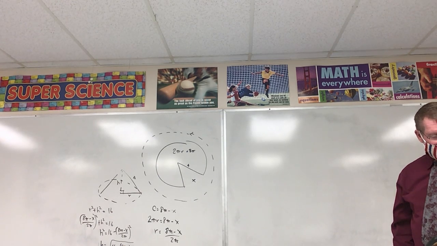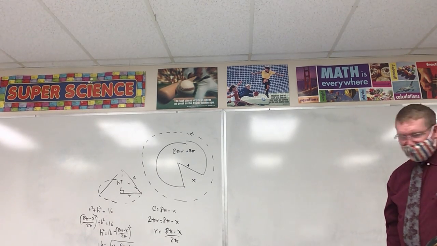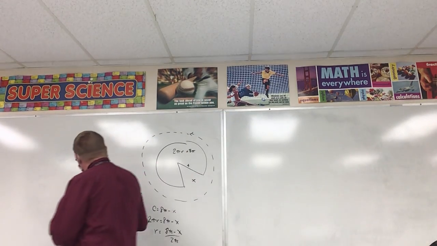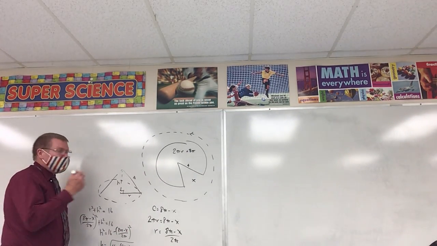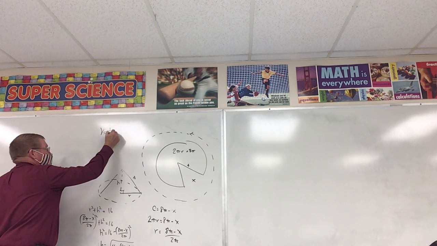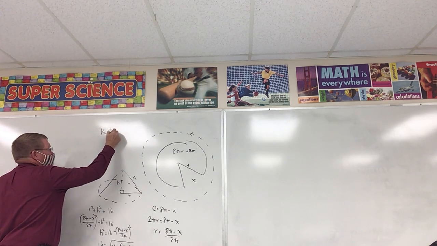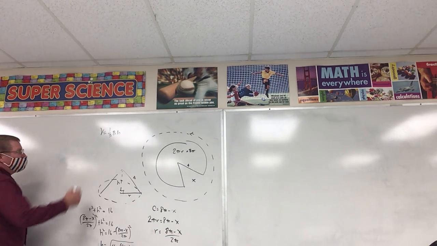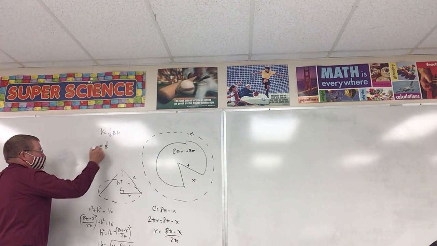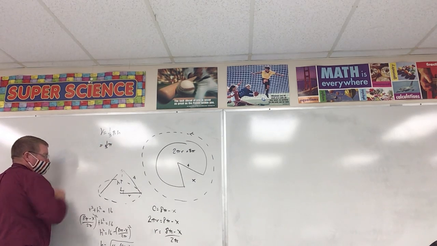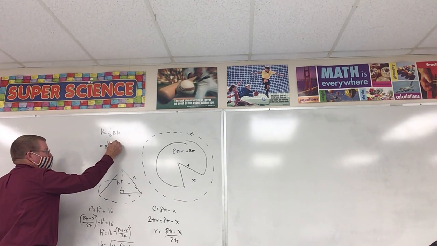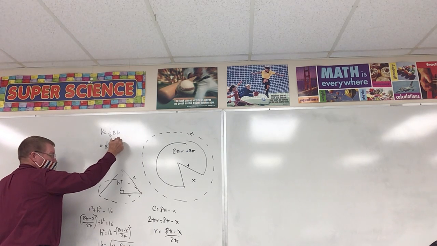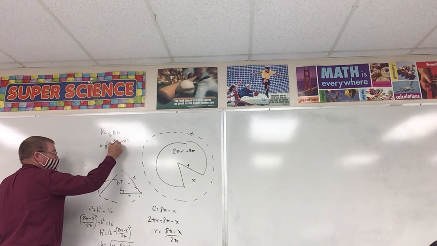And then lastly is to express the volume of the cone as a function of x. How do we find volume? V equals 1/3 times the area of the base times its height. There's my r. And where's my h?